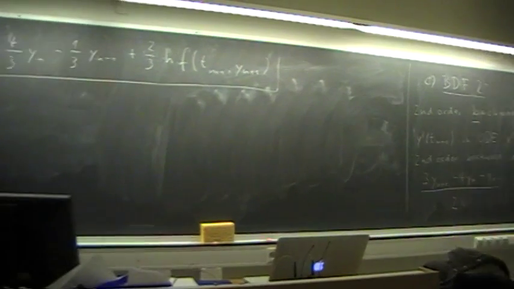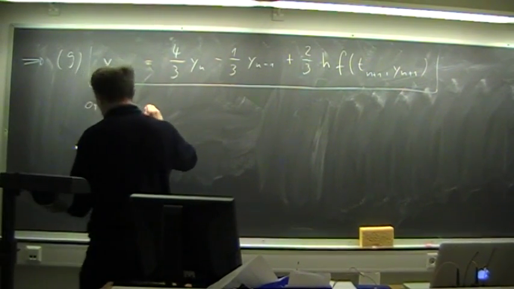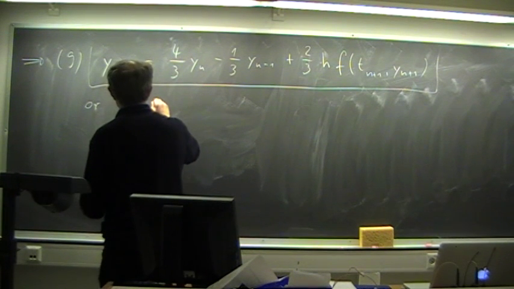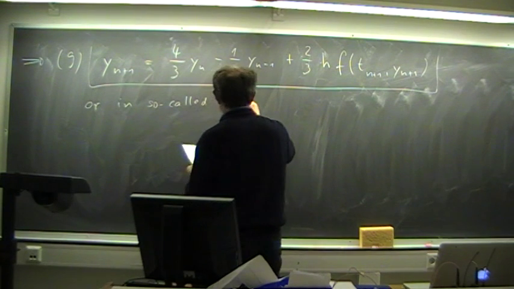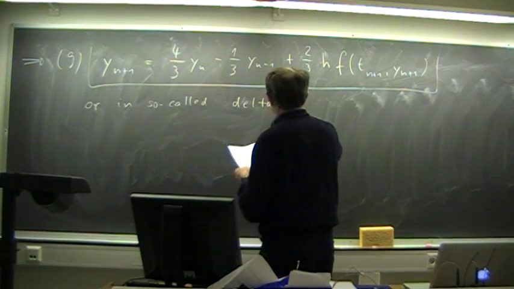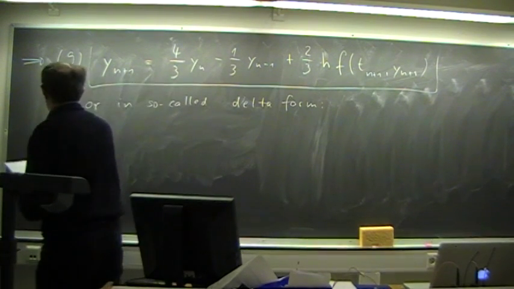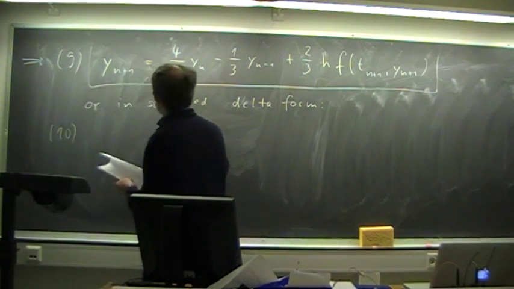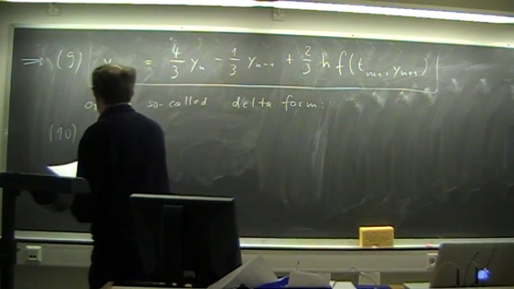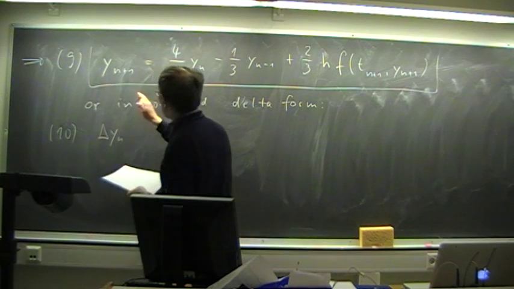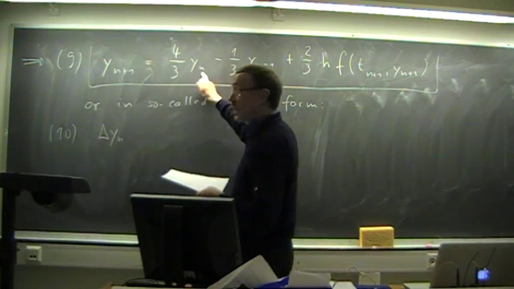That is the following. When we introduce the difference, then we call that delta yn. So delta yn is the difference between yn plus 1 and yn.